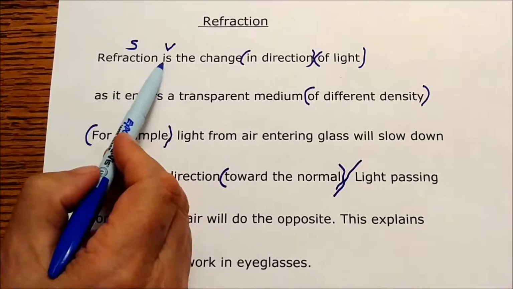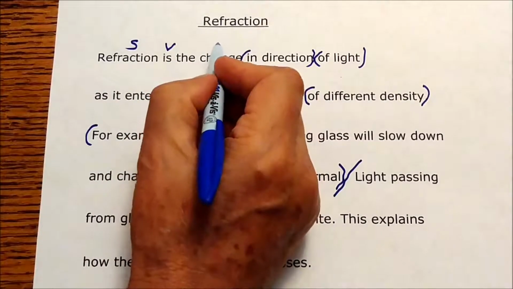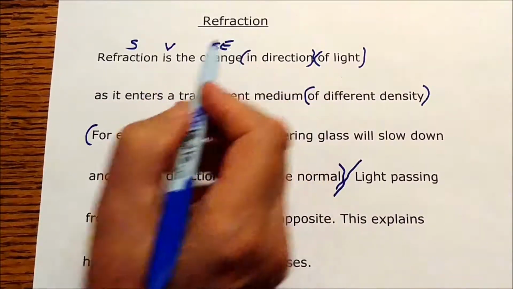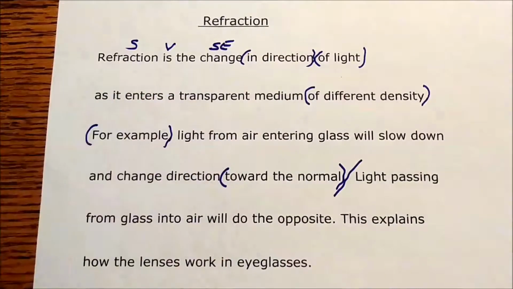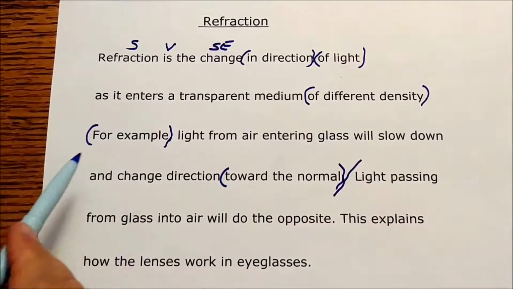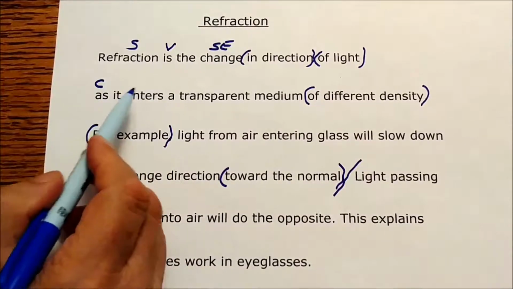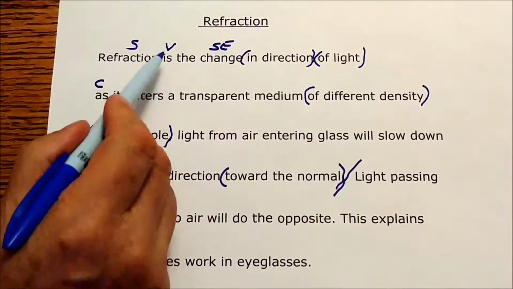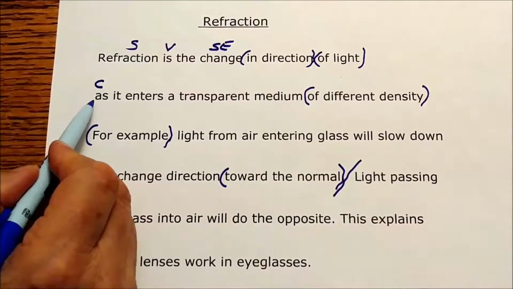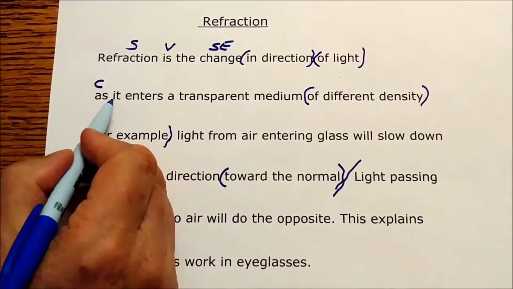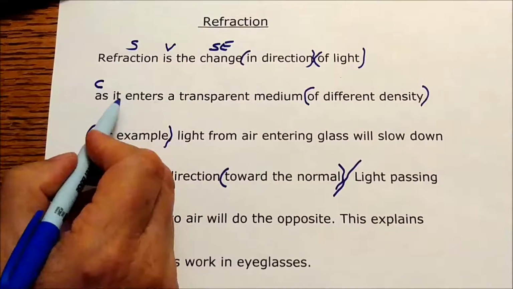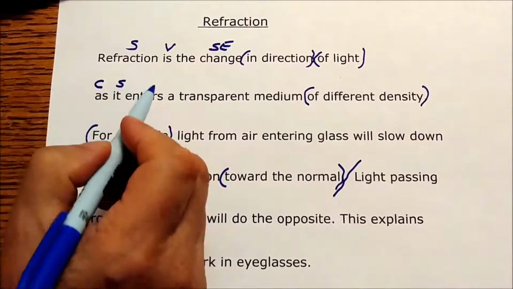And I think because of the verb to be, it becomes a subject equivalent. So refraction and change are largely the same thing here. As, conjunction, it. So we have kind of two sentences here separated by a conjunction. It refers back to light, so we're going to call that a subject.